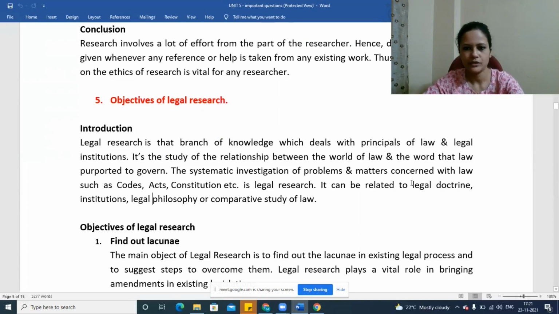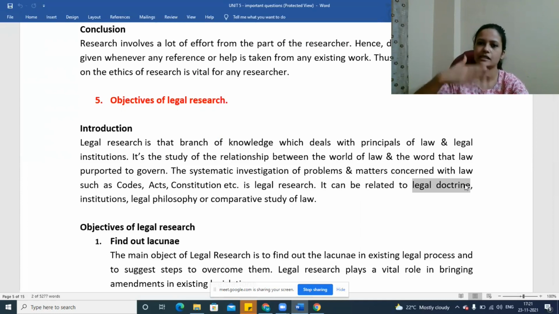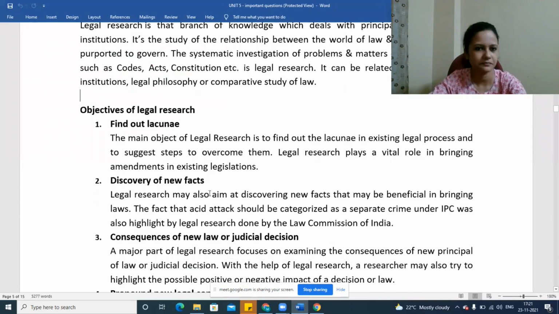So it may be that you want to do research related to a legal doctrine. You want to study how the concept of basic structure was developed, and once it was developed in Kesavananda Bharati, after that in which decisions new additions were made in this list of basic structures. That can be a research. All right, so legal philosophy, comparative study and all that stuff.